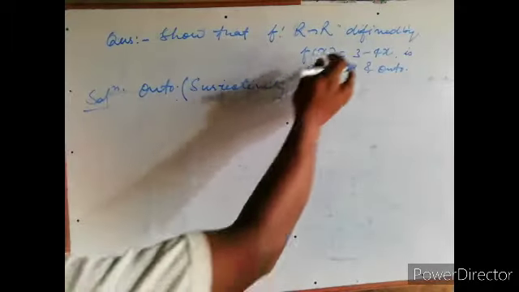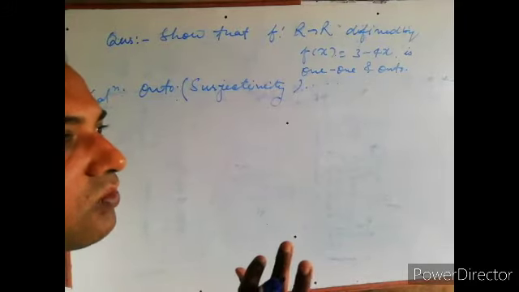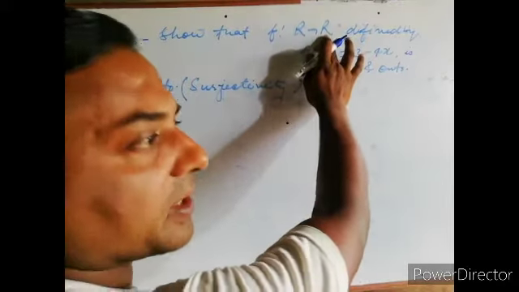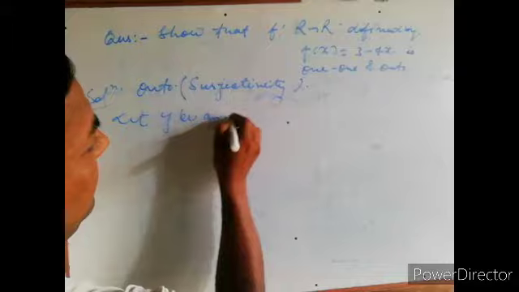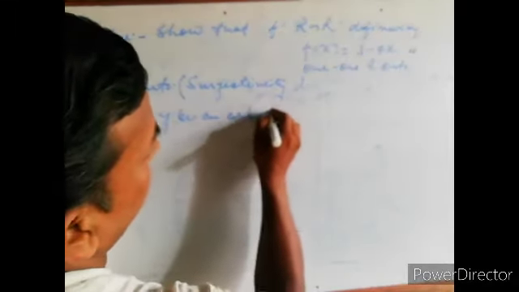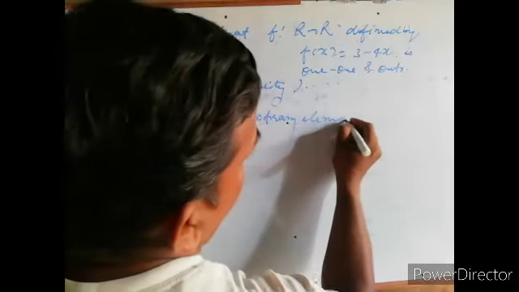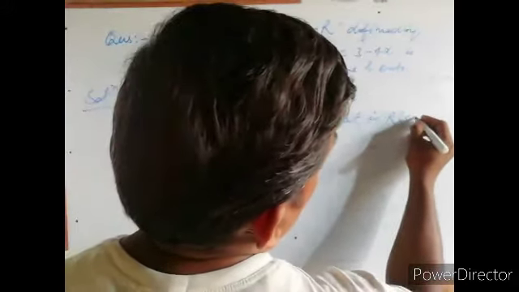To prove this function is onto function, we take an arbitrary element in set R, that is codomain. Let y be an arbitrary element in set R, that is codomain.